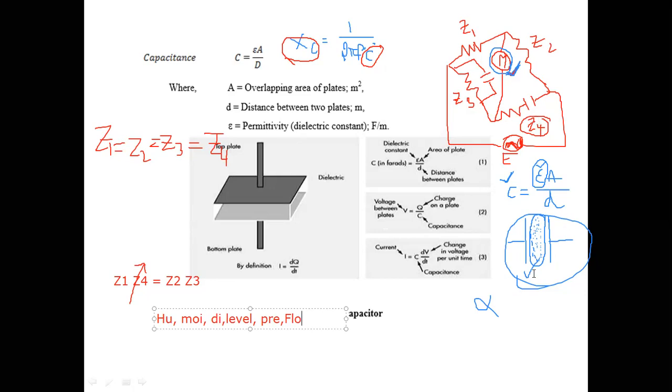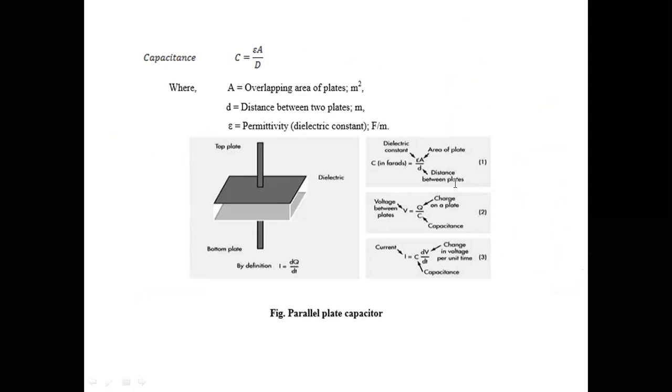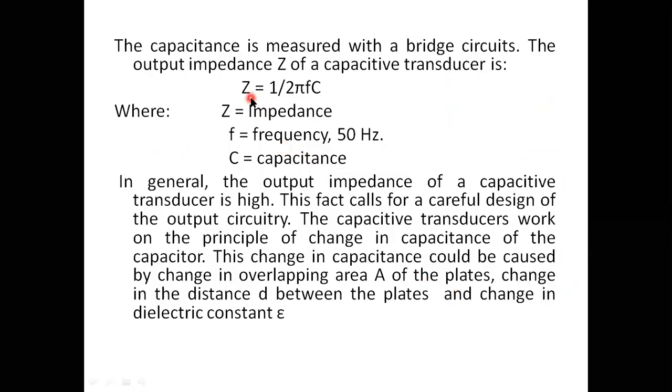And if the moisture varies, then the output current also varies. So likewise, I will measure my input parameter in terms of current by using a capacitance transducer. And Z equal to, just now I have told you, the capacitance is measured with bridge circuits, right?